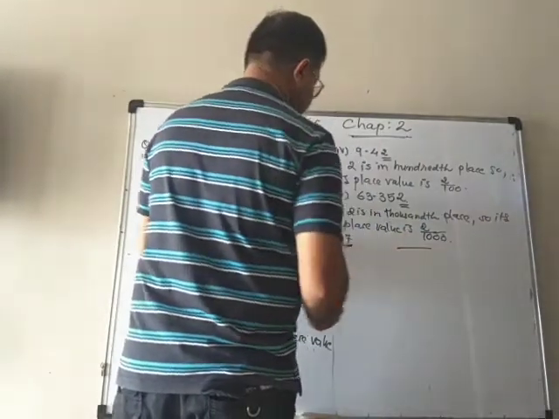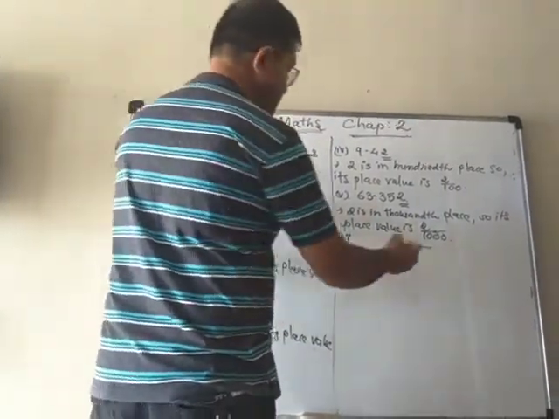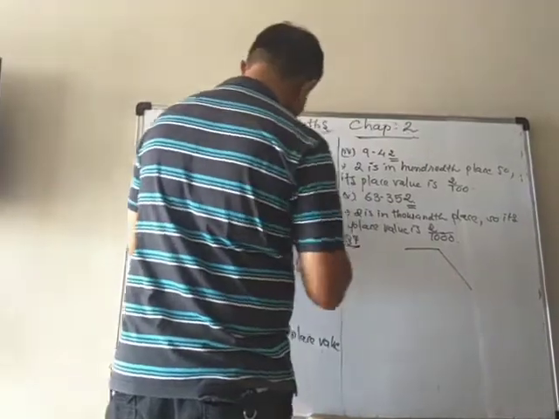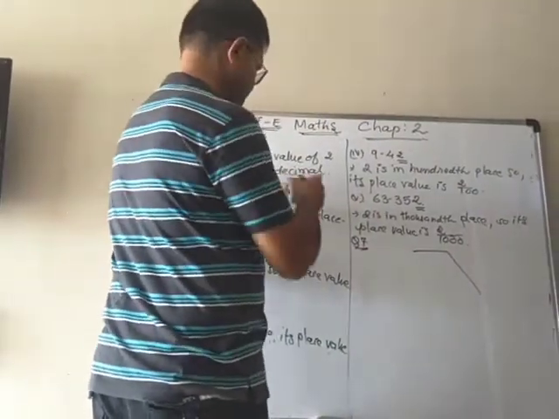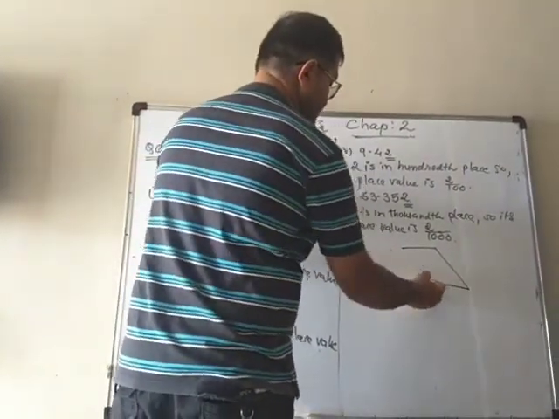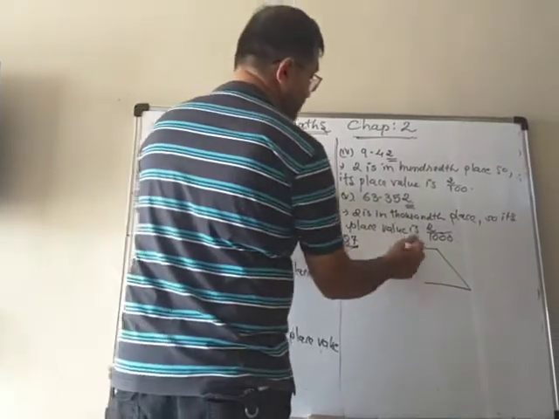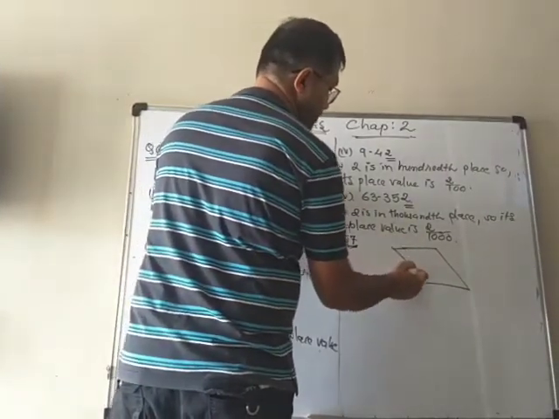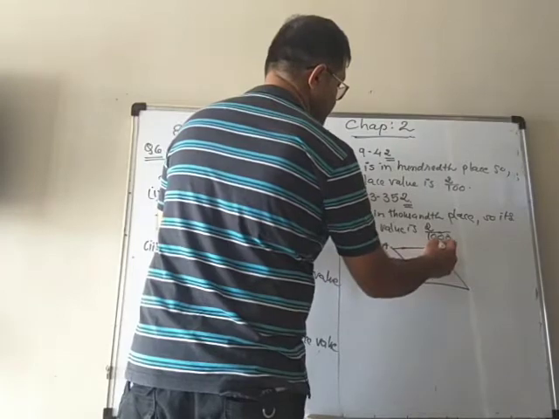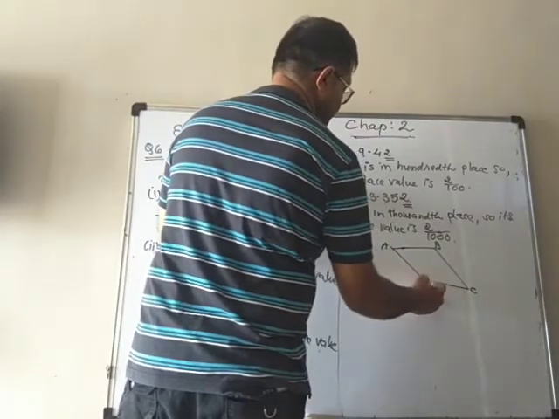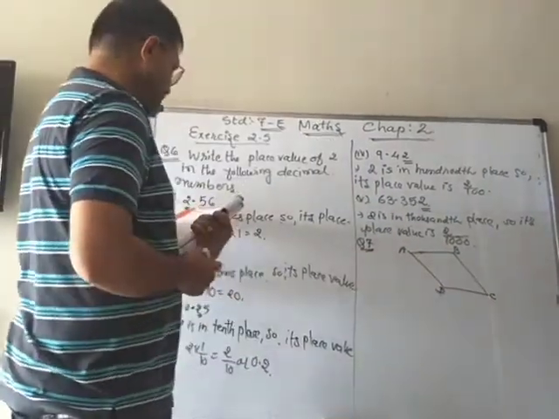The figure is like this: A to B, B to C, C to D, and then back D to A.